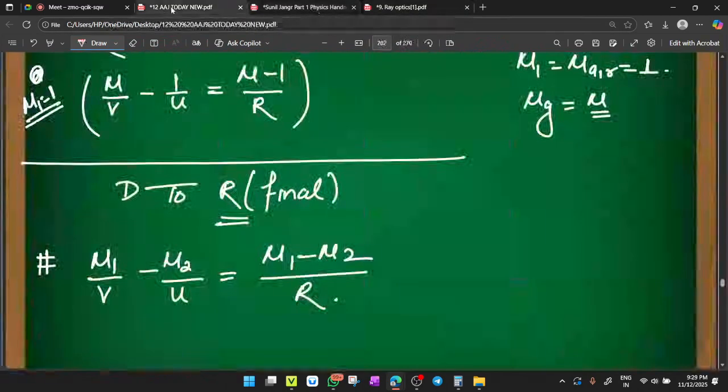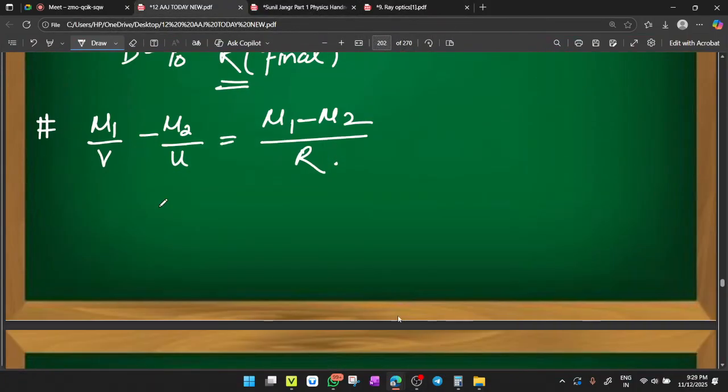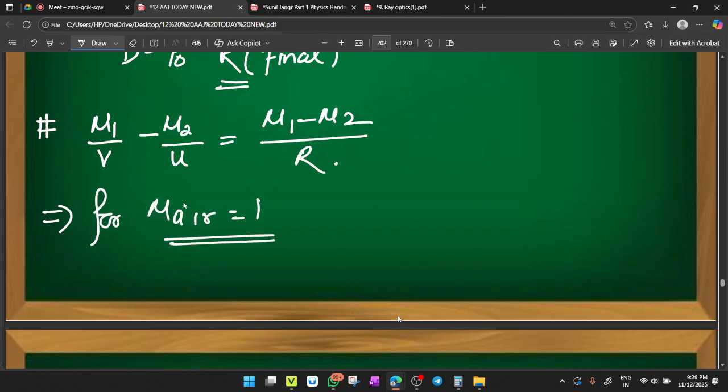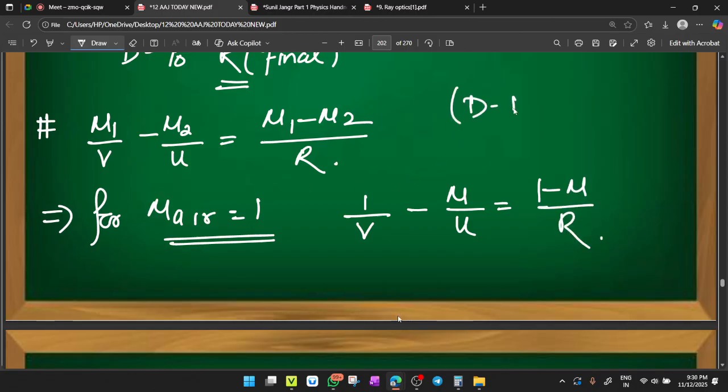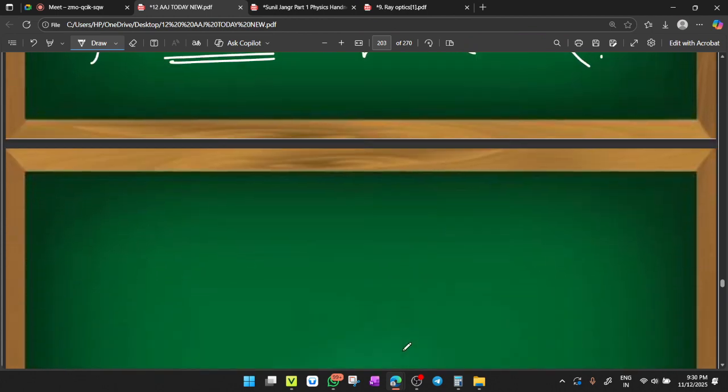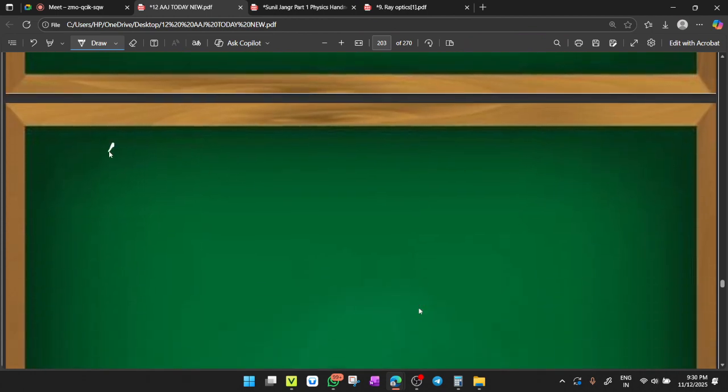So write these formulas together and you will have a better understanding. For numerical purposes, you have to put mu air equals to 1. So it will be 1 upon V minus mu upon U equals to 1 minus mu upon R. Clear? This is for denser to air. So what formulas have we read?